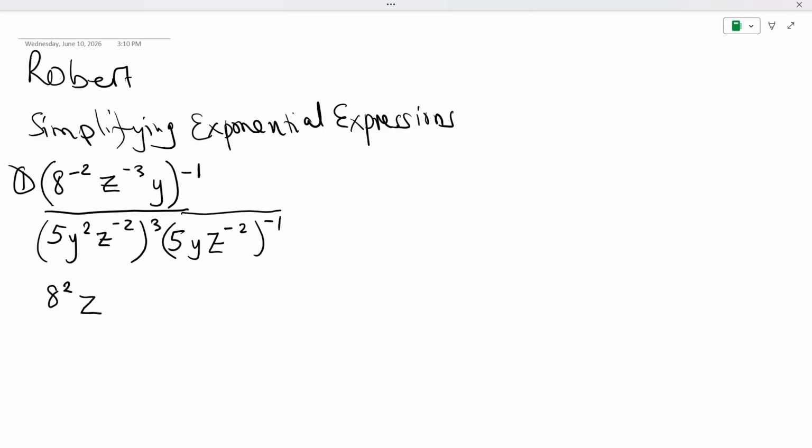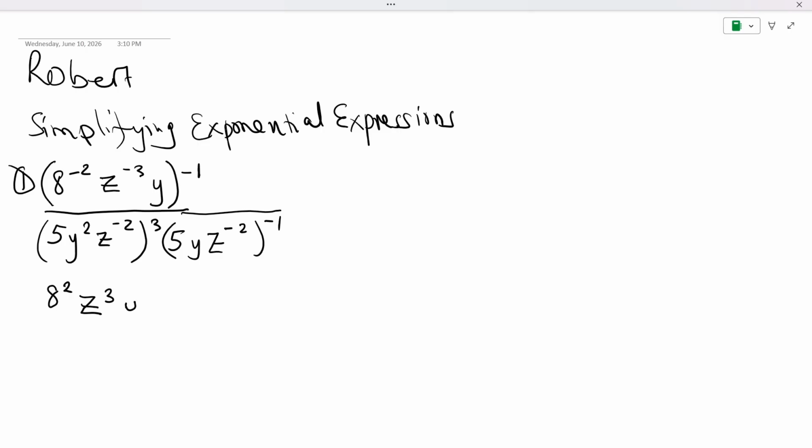Then we have z to the power minus 3 times minus 1, which is plus 3. And then we have y to the power 1 multiplied by minus 1.